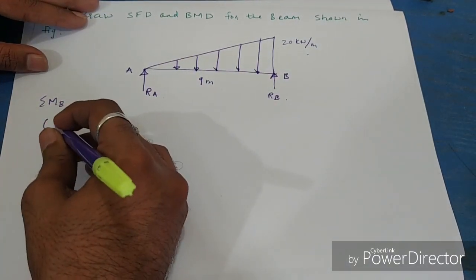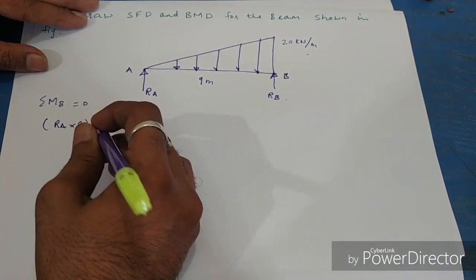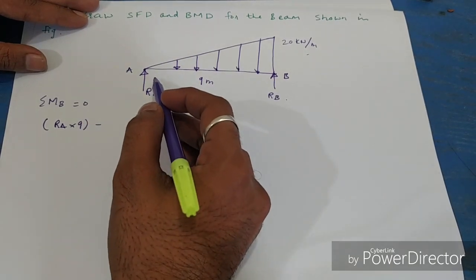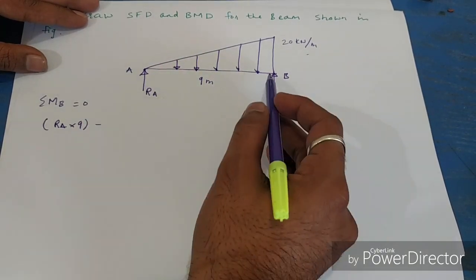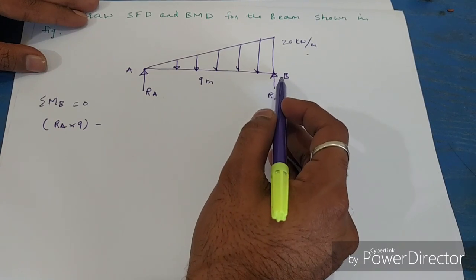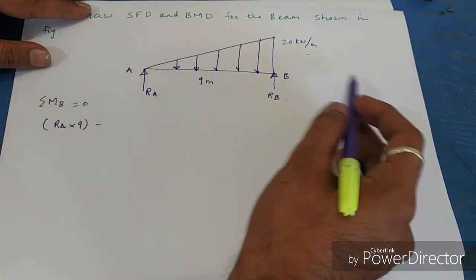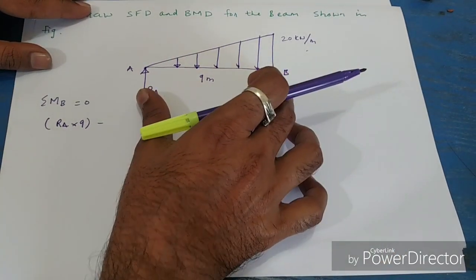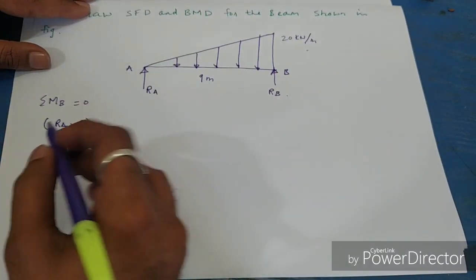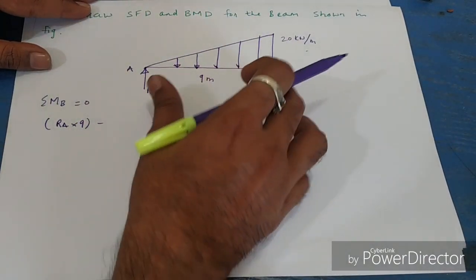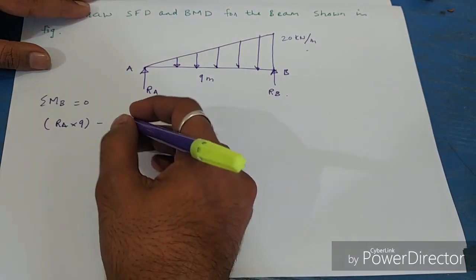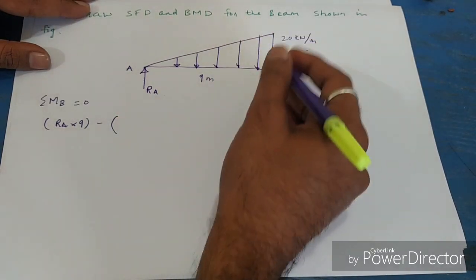So RA into 9. Take all the forces into consideration to find bending moment at B and equate it to 0. RA into 9, clockwise positive. RA into perpendicular distance, which is 9, minus, then you have the UVL.